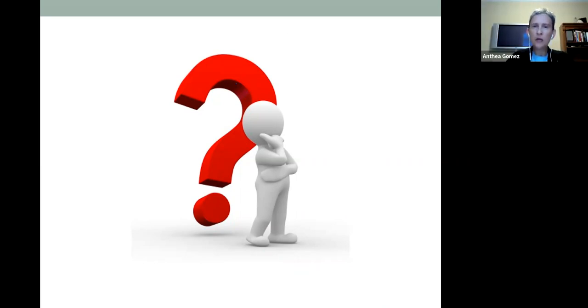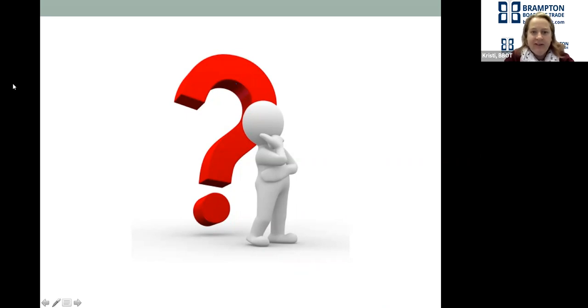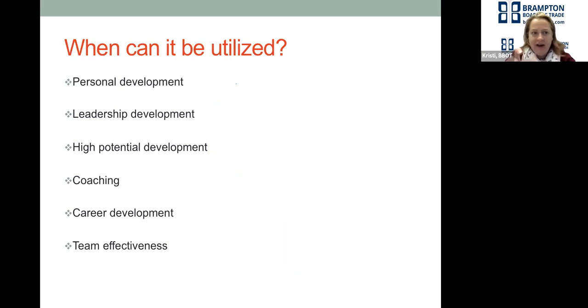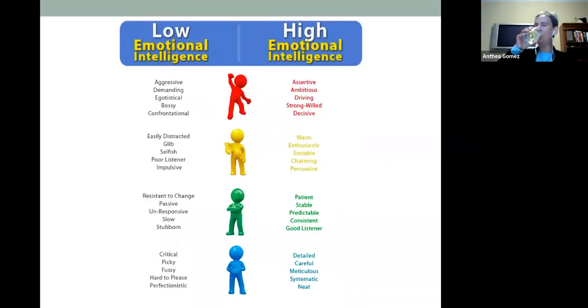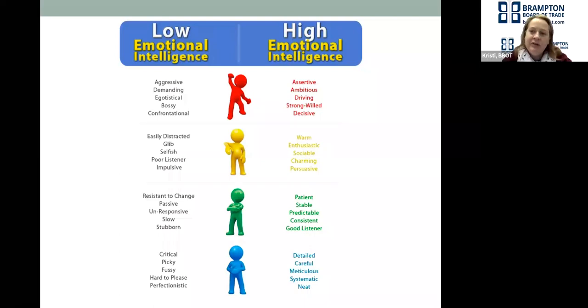Yeah. Actually, can we go back to your slide where you had your cute little avatars with the high and low emotional intelligence? That one there. Is there some kind of self-assessment tool or questionnaire that one could go through to figure out how you're being perceived and where you fit on the emotional intelligence scale?